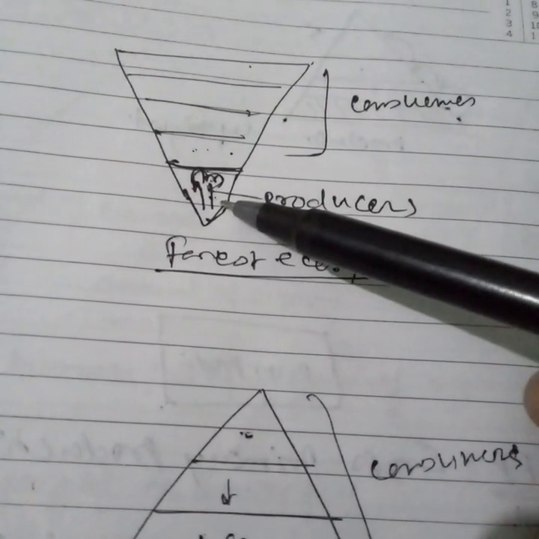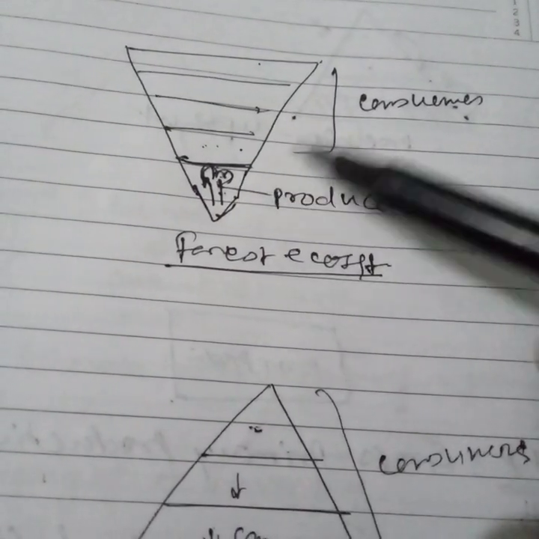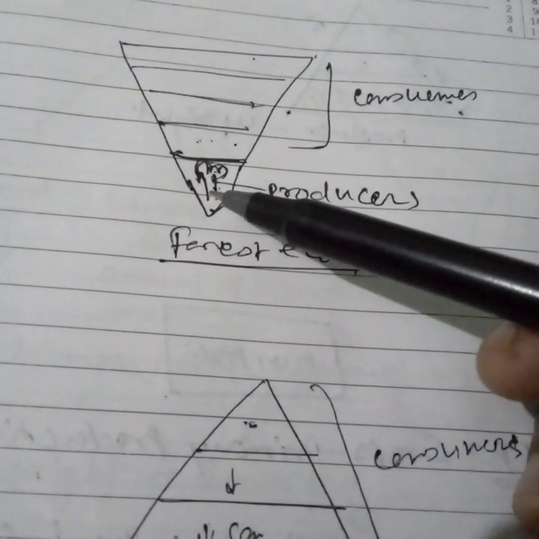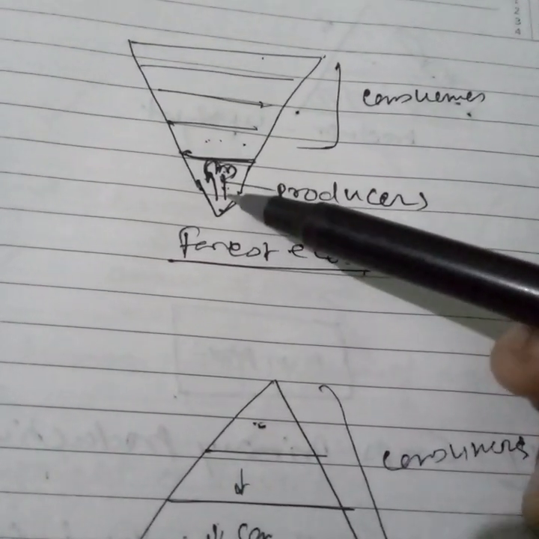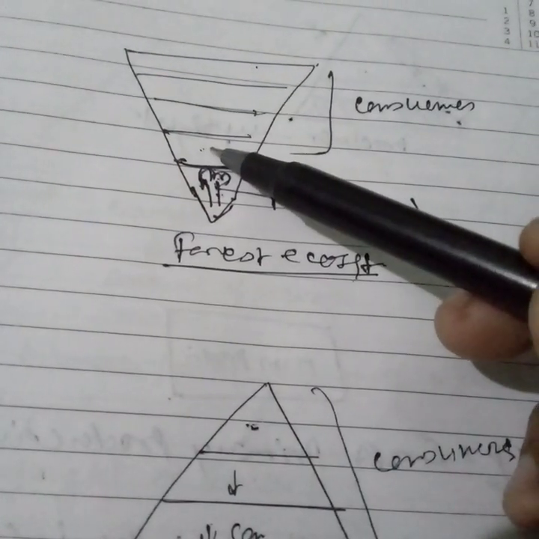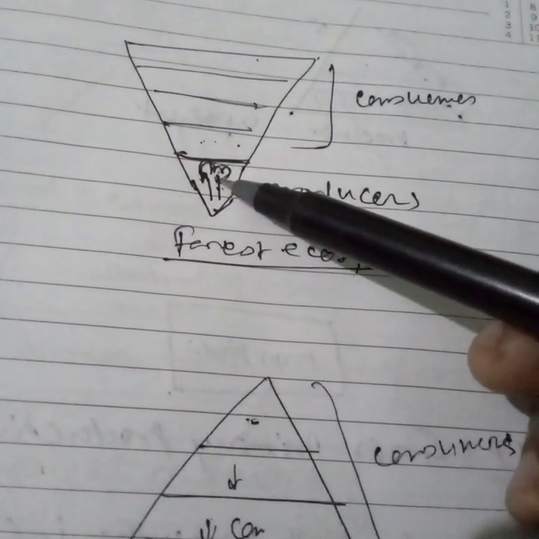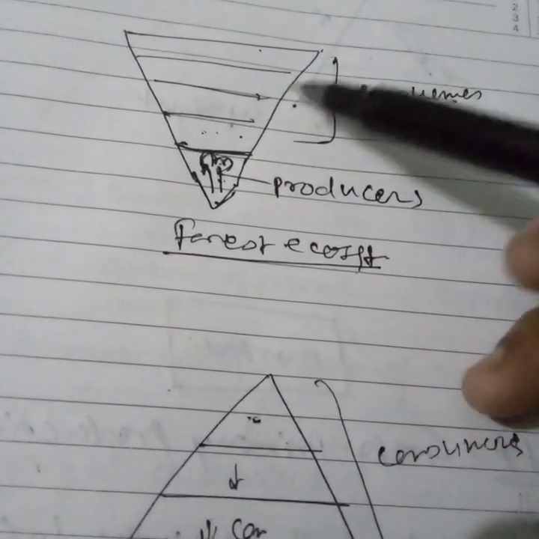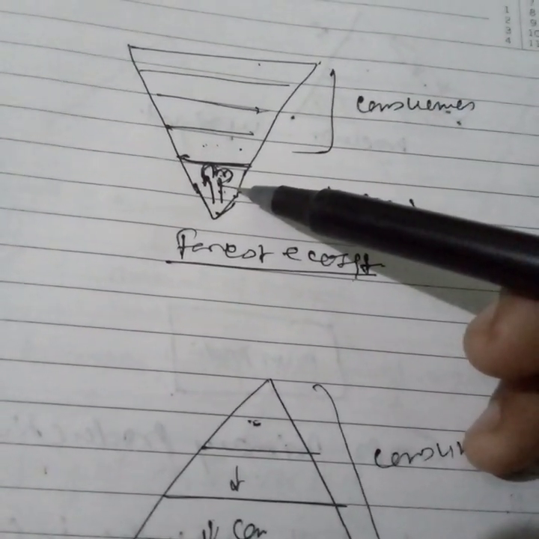In this diagram you can see the forest ecosystem. When one or two trees are present in a particular area, there will be more number of birds as compared to the producers. Clear? So the consumers' number will increase as compared to the producers.